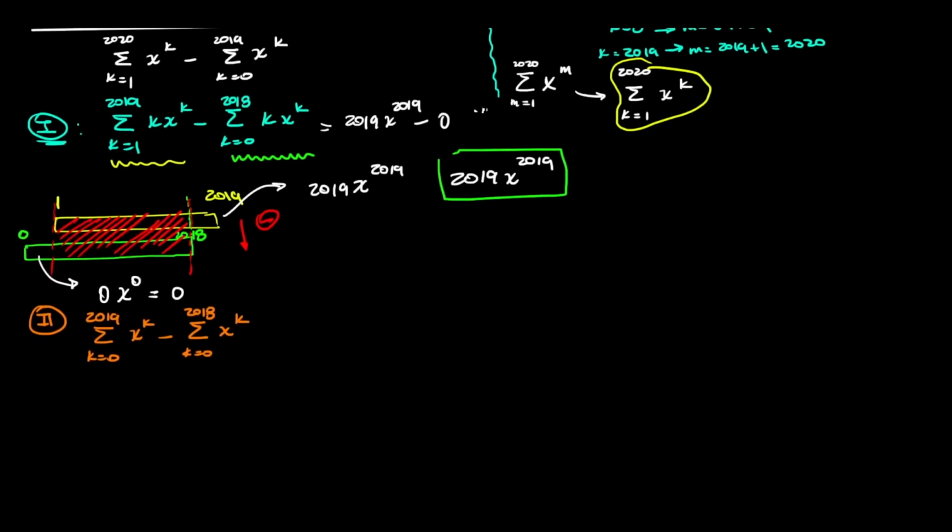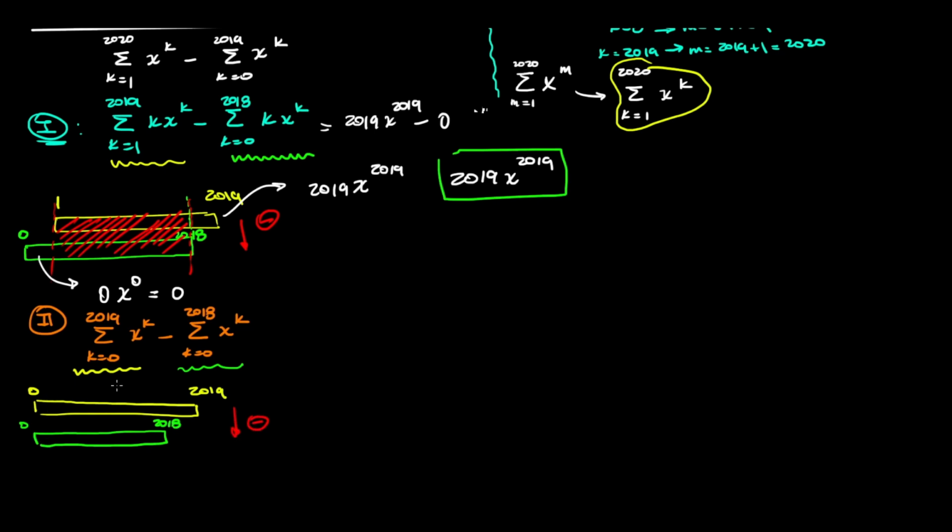Yep, cool. So here we can use the same methods. I'm going to use yellow for the first sigma notation. We start with 0 and end with 2019. And for the second sigma notation, I'm going to use green. We start with 0 and end with 2018, right? So we are subtracting here.